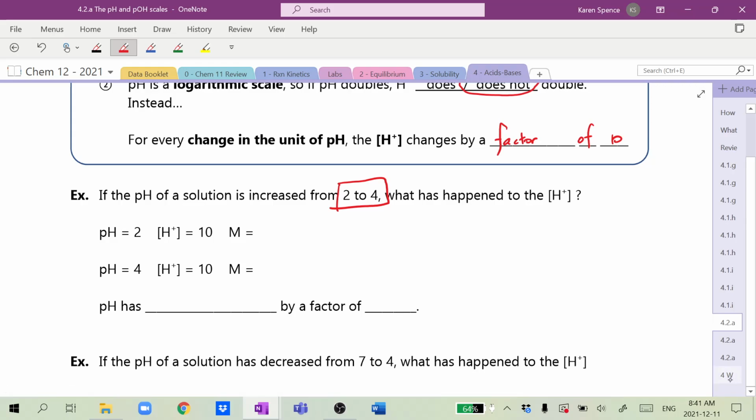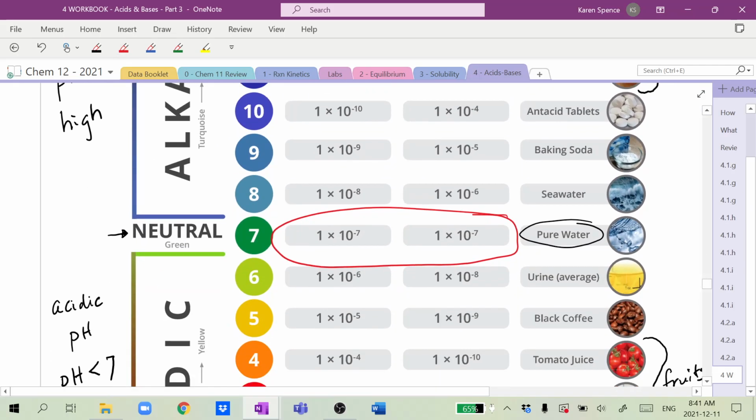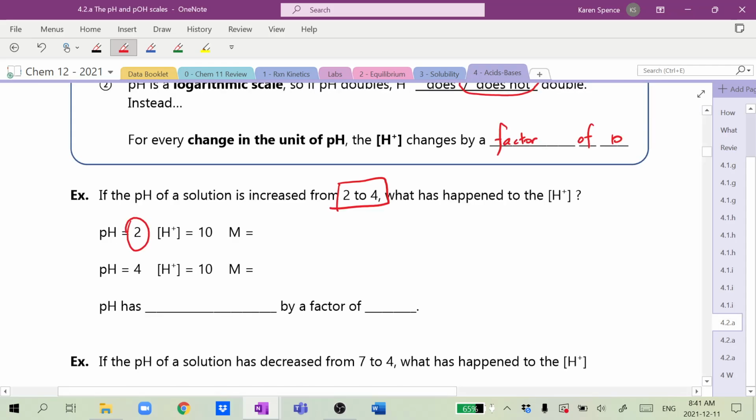Well, if we go back to our chart, a pH of 2 corresponds to 0.01, which if you recall is 10 to the negative 2. So if we have a pH 2, hydrogen ion concentration is 10 to the negative 2, which means the molarity is 0.01 molar, if we want to write it that way.